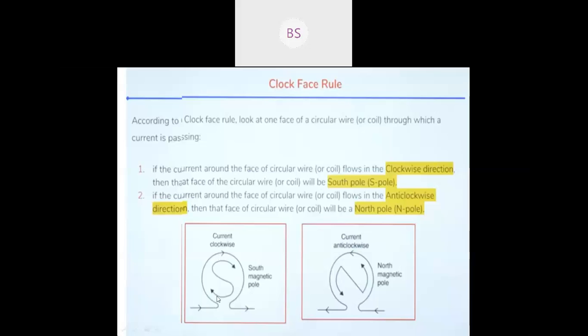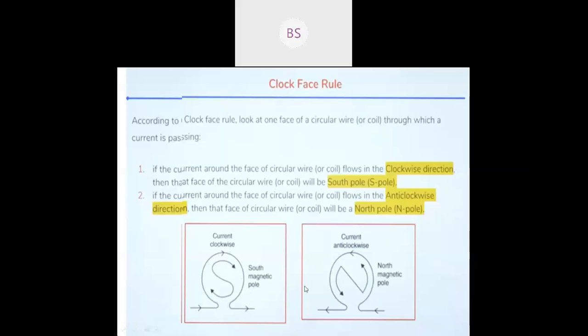Remember, if the current is flowing clockwise, then that face of the circular wire will be south pole.